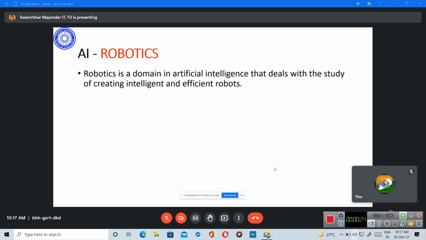So IoT based application I'm not discussing, but you know already that in the Internet of Things, you have a lot of sensors distributed throughout an area, and they are networked to each other. As I have covered the search part, and the networking falls under this, and also in robotics we have the sensors.